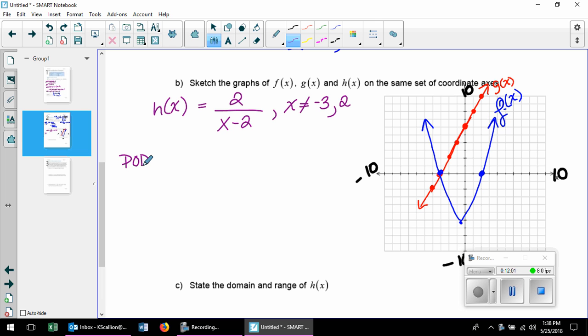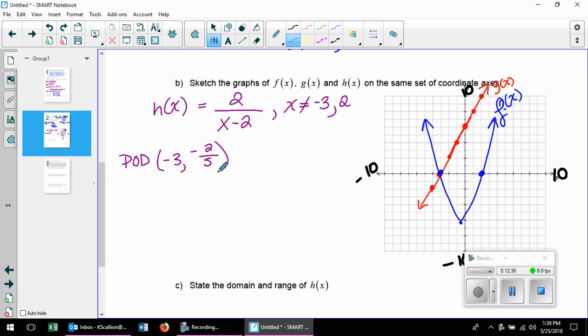So if I were to substitute negative 3 into this equation, what would I get? Negative 1/3. No, it's not. All right, there we go.